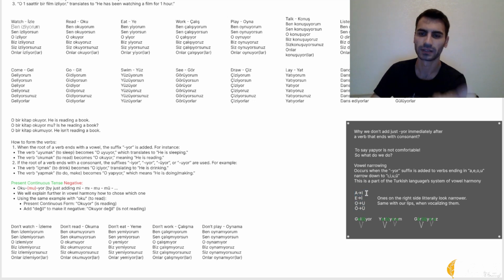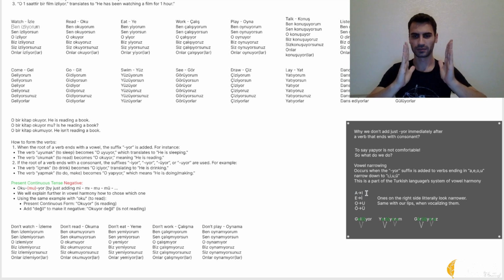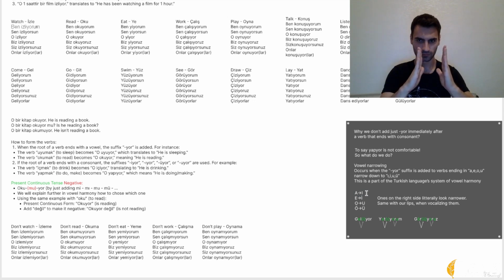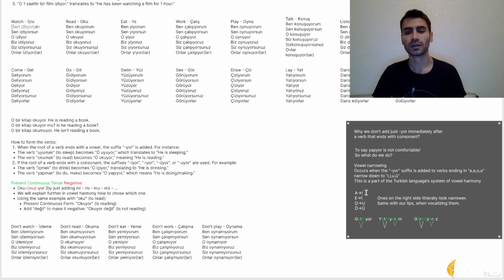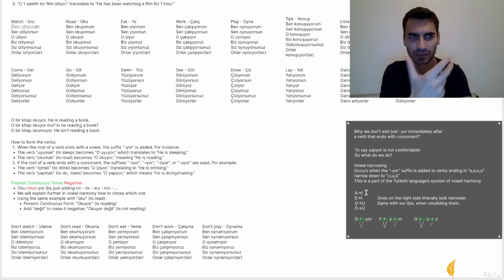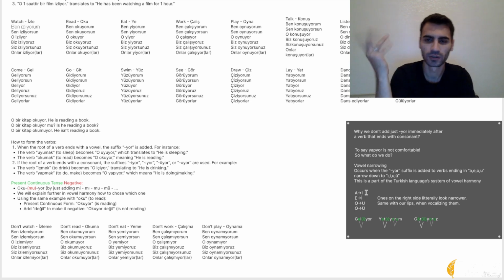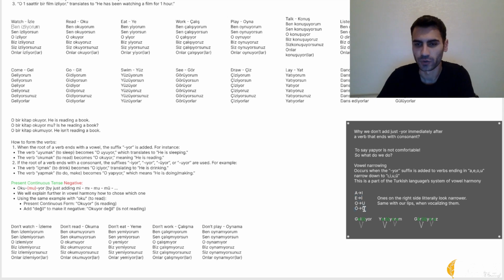A is narrower than Ü. E narrower than I. Pardon, I is narrower than E. O, U, Ö, Ü. I is narrow. U is also like one line. And the way we speak also shows that they are narrow. This is the narrowing.